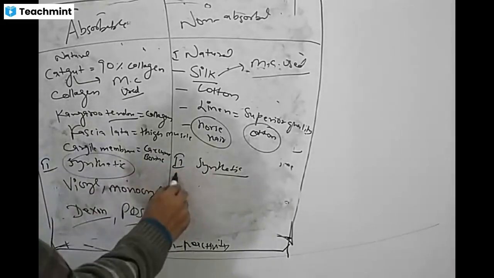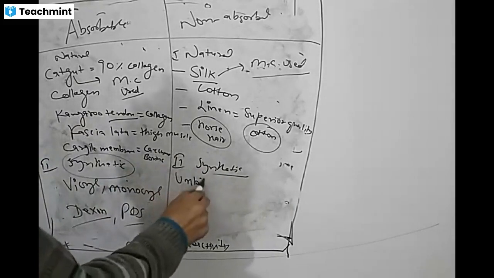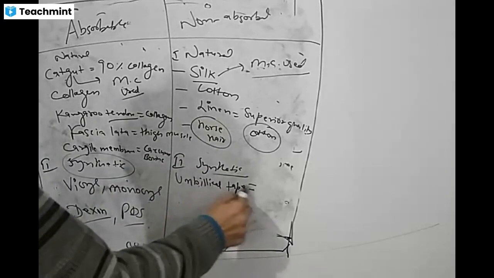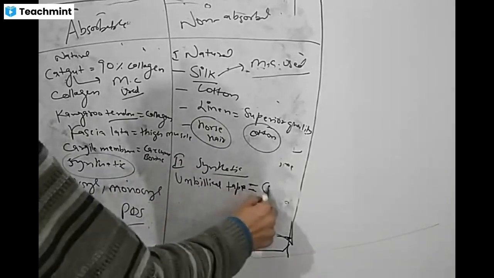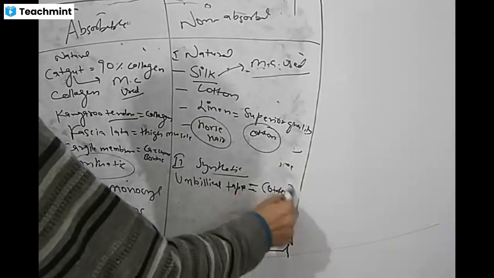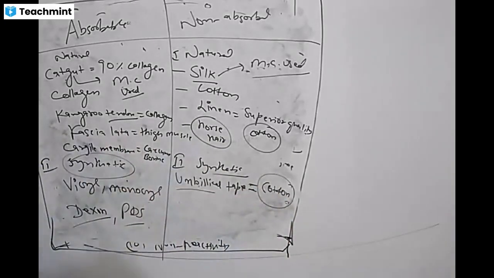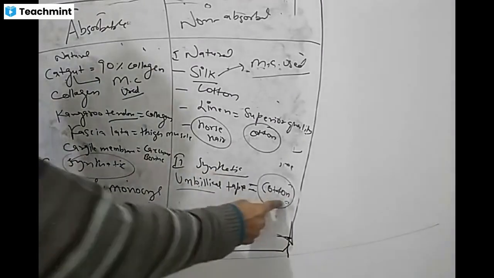And on this side we have umbilical tape. This tape is made up of cotton. That is important: umbilical tape is not derived from the umbilicus or the umbilical cord. It is synthesized from cotton.